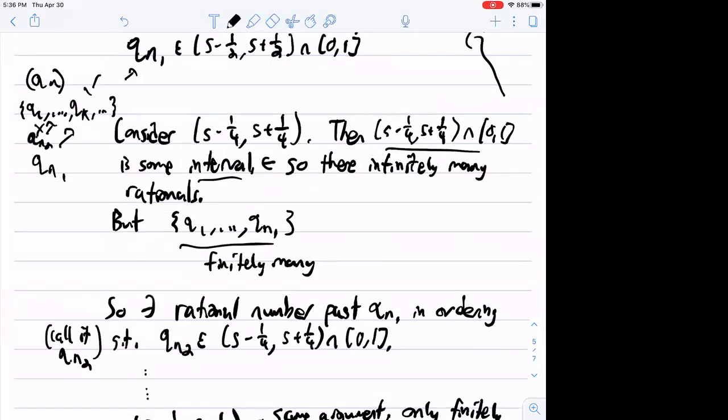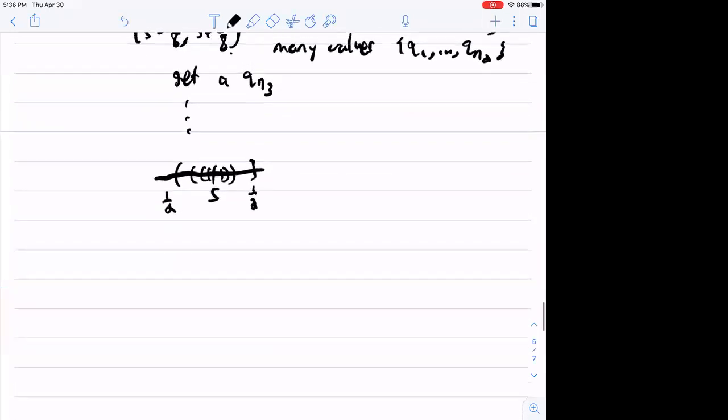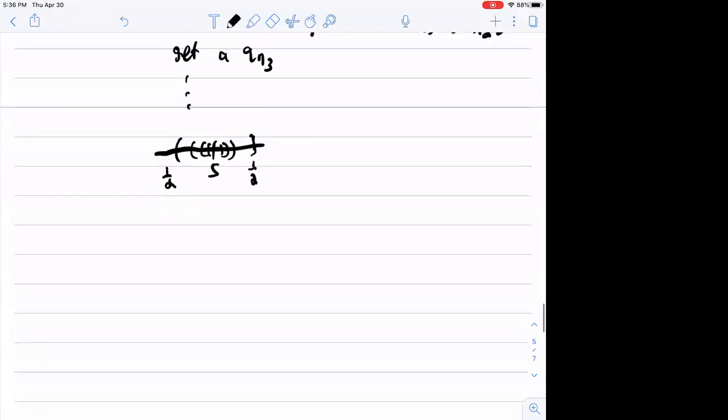You need the fact that an interval has infinitely many rationals to get a rational number past Qn1. So ordering is preserved. Okay. Any questions? So yeah, this problem's pretty hard. You have to think about it, but hopefully it's clear.